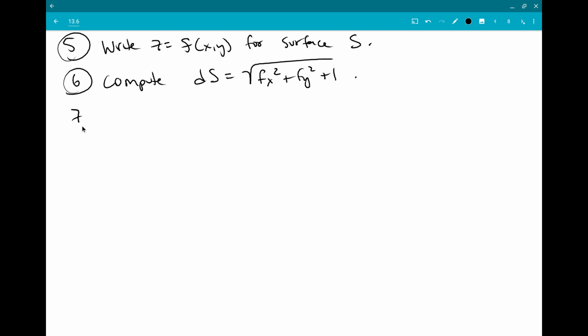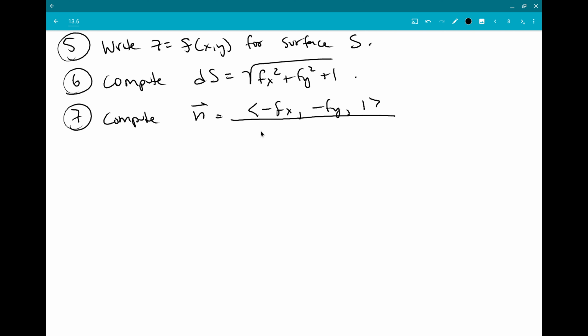And then you need to compute your normal vector, minus fx, minus fy, 1, over the square root of fx squared plus fy squared plus 1.